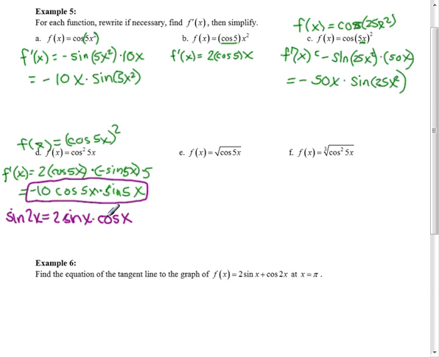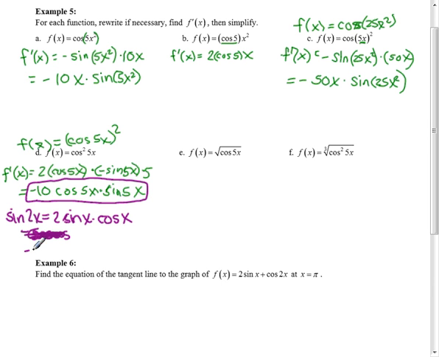Instead of writing it this way, negative 10 times cosine 5x sine 5x, we could also rewrite it.